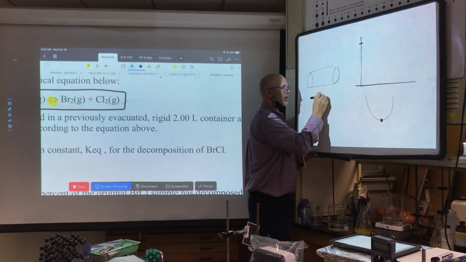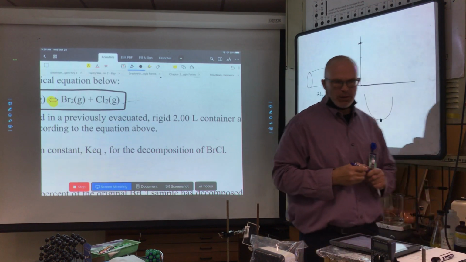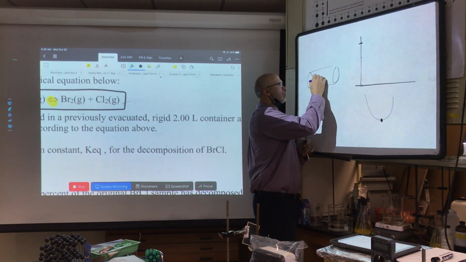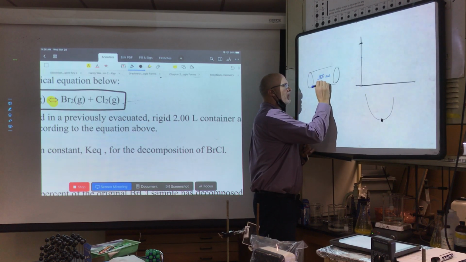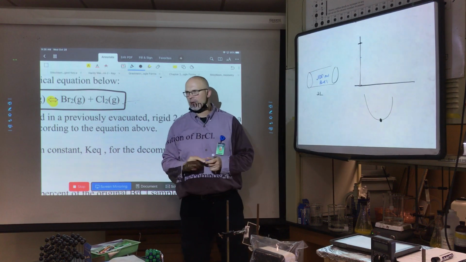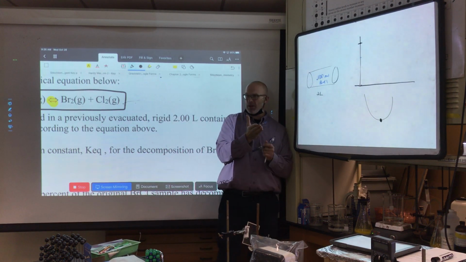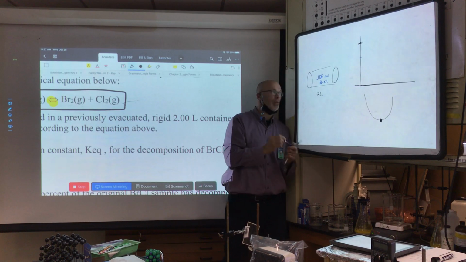It's 2-liter, and what we just did is we pumped in 0.100 mole of BrCl. Now how could they do that? Well, they can put that evacuated container, and pump in the gas until the grams match 0.1 moles. We can do that, so it's definitely doable.